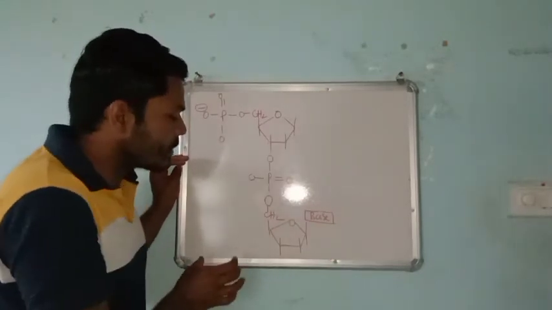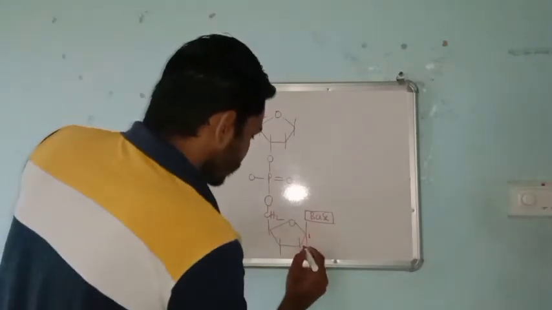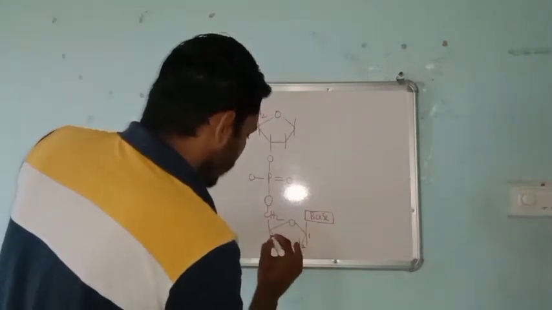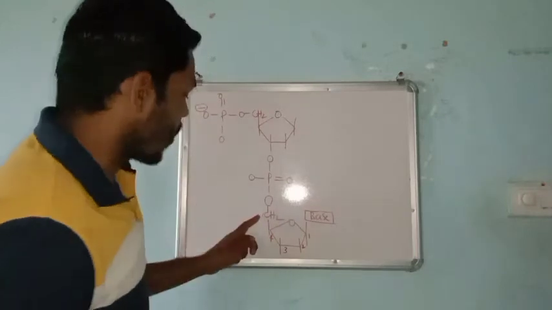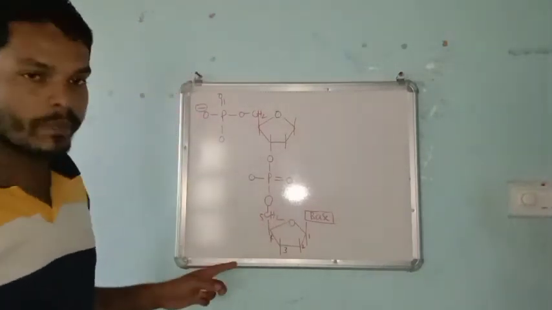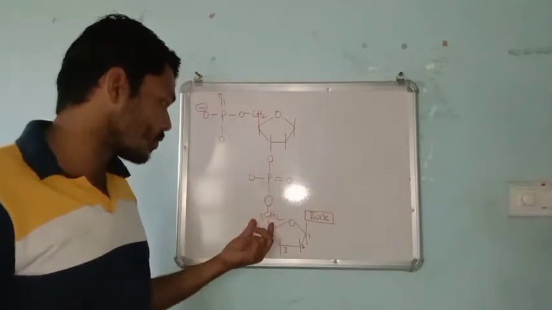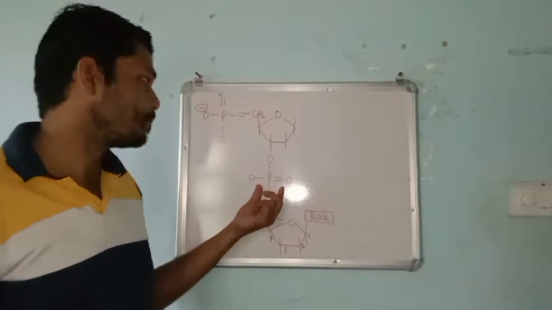So now if we see the common positions, that means numbers 1, 2, 3 and 4. On the fifth carbon atom of one pentose sugar, there will be a phosphoric acid.